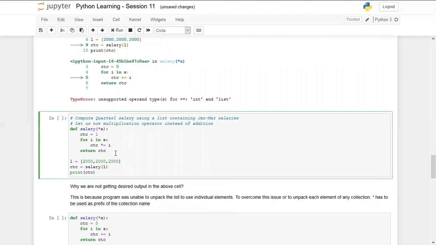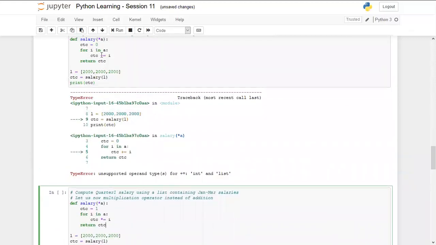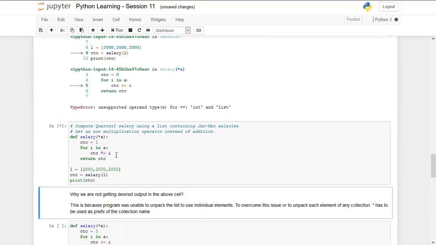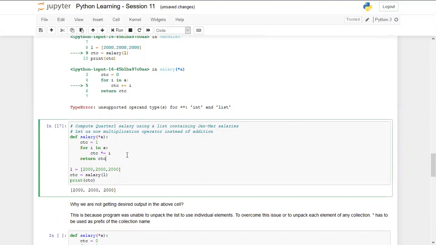Again, to explain this thoroughly, I've taken one more example. We cannot do plus with an integer and a list, but we can do multiply. So I've taken one more example to showcase what is happening. You can see that it is taking the complete list as the argument, and the value of CTC is 1. So 1 multiplied by this complete list, the answer will be the same list that is returned.